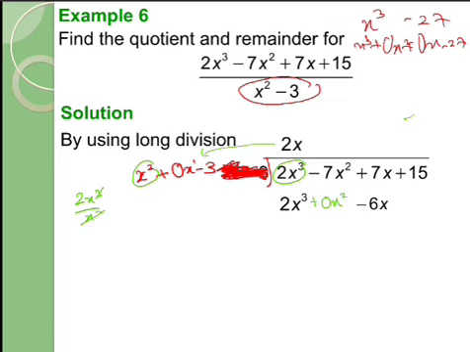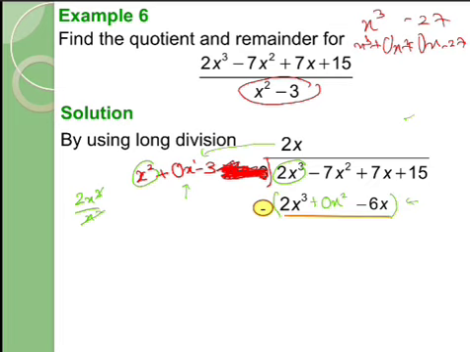And then 2x times negative 3 will be negative 6x. Well, if you don't add in this 0x term here, I'm sure that you will make a mistake at this step. Okay, so just add in that 0x squared term so that it's easier for you when you want to subtract. And you can see each of the terms one by one.